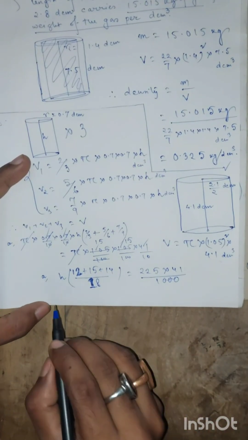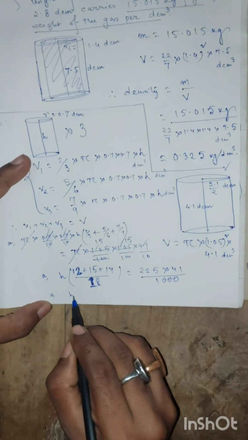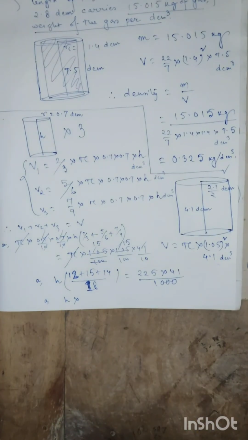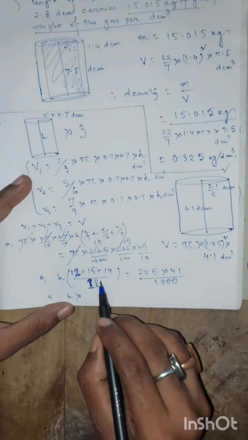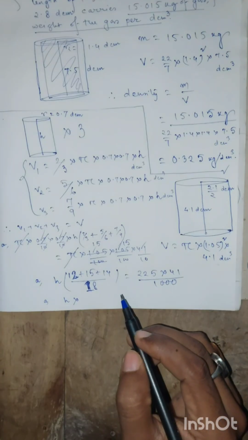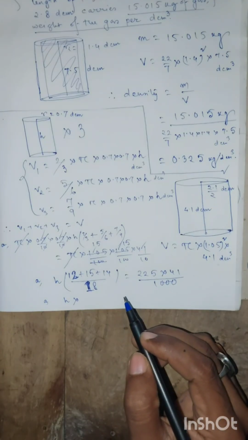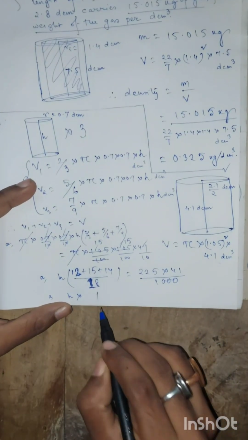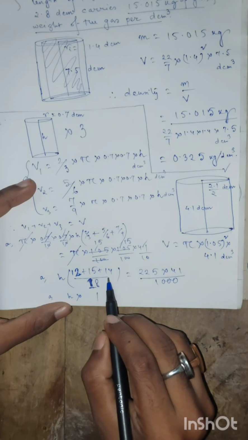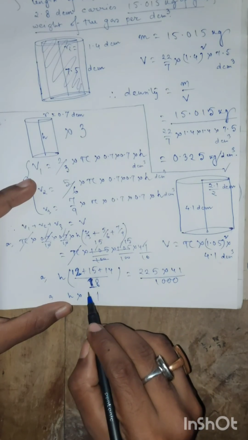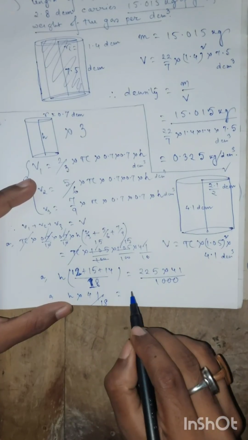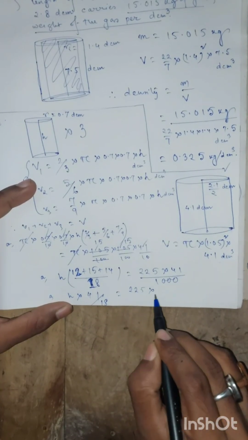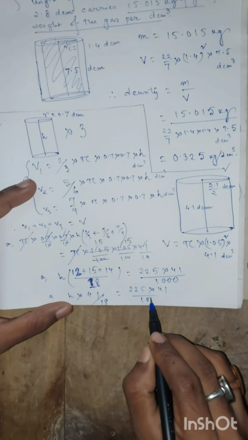Now 41 by 18 equal to 225 into 41 by 1000.